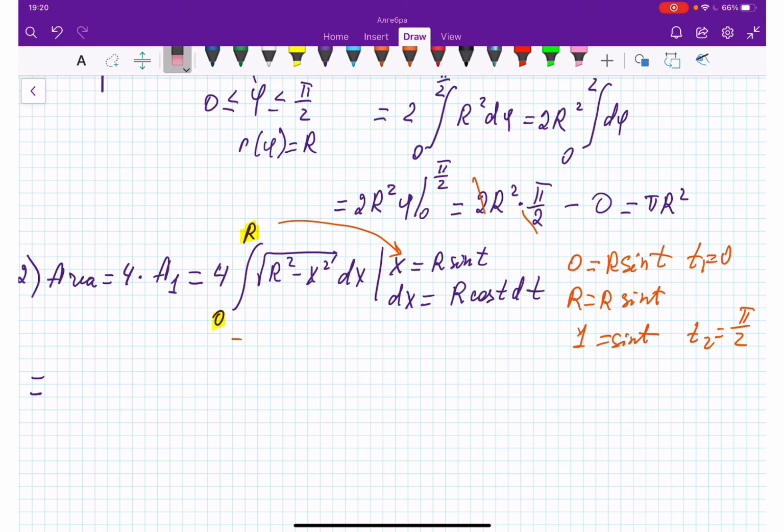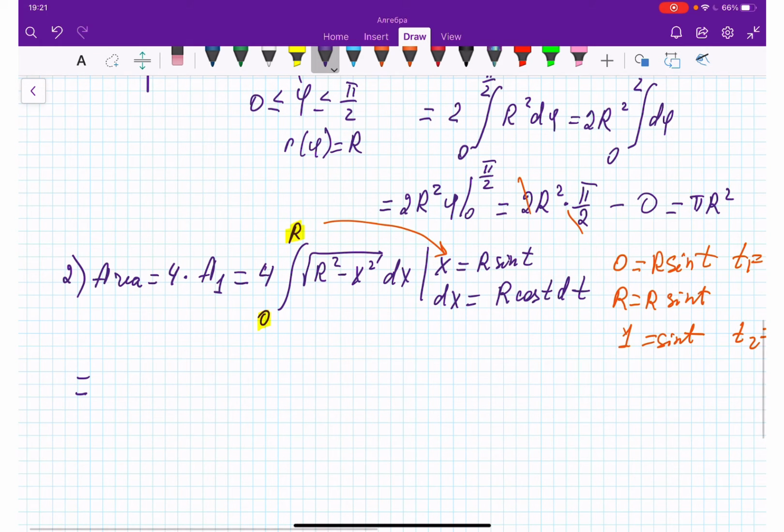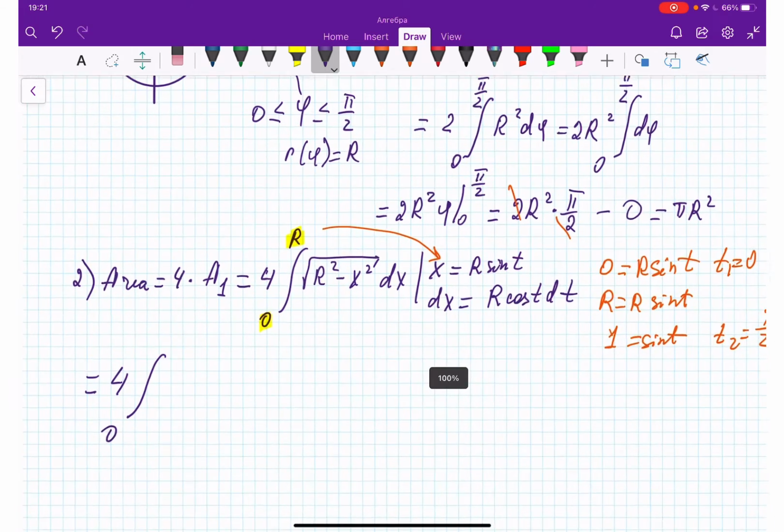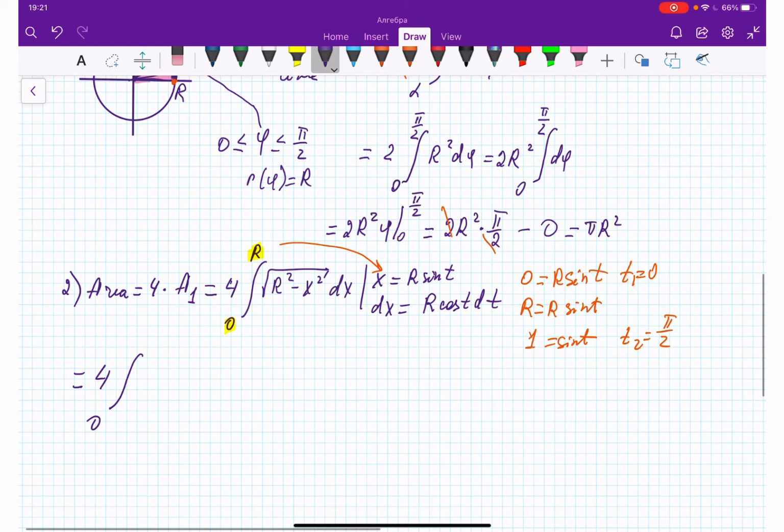Okay, so let's replace the boundaries, and let's see what we are going to have. So it is equal 4 times the integral from 0 to half a pi, pi over 2.